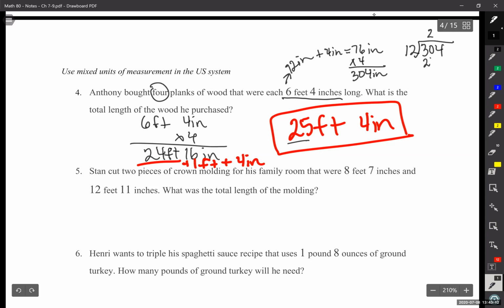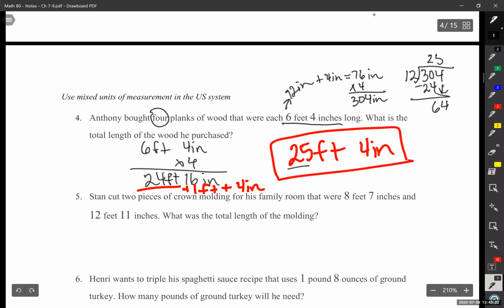So this is 24, subtract, and then bring down. 12 goes into 64 5 times. That gives me 60. And now I can see I have remainder 4. So 25 remainder 4 is the same thing as 25 feet 4 inches.